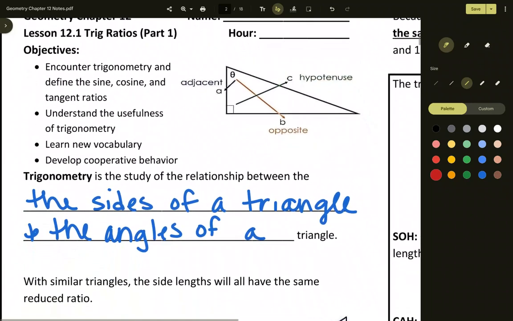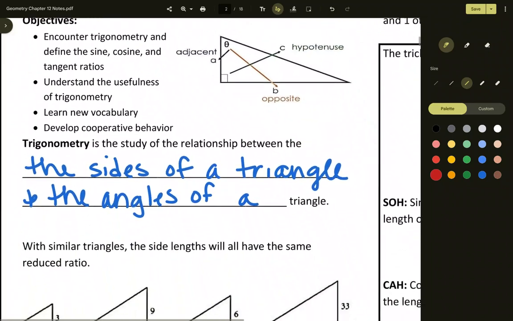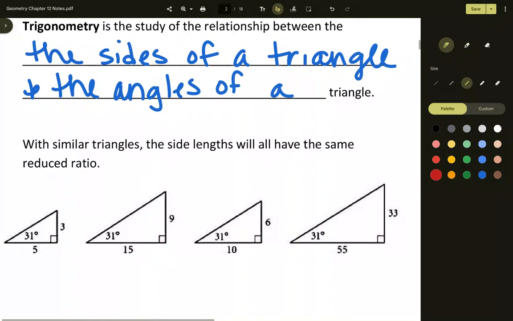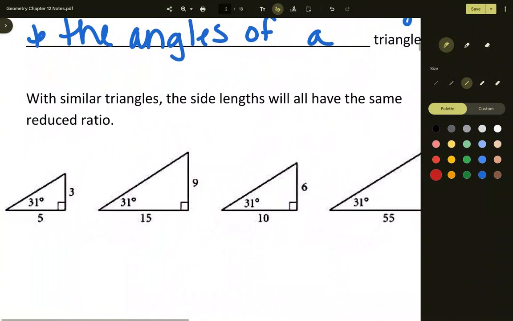All right, when we have similar triangles, which we looked at on the last unit, we're going to have the same ratio when we compare their sides. But that's also because with similar triangles, remember the angles are going to be congruent. And so if the angles are congruent, we're going to have ratios comparing corresponding sides that are the same ratio.